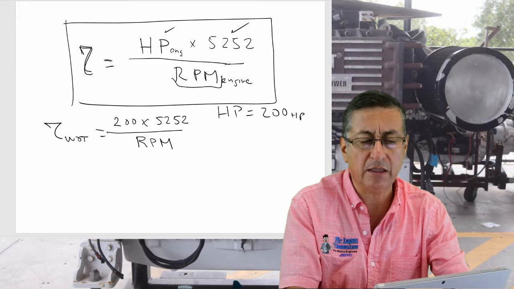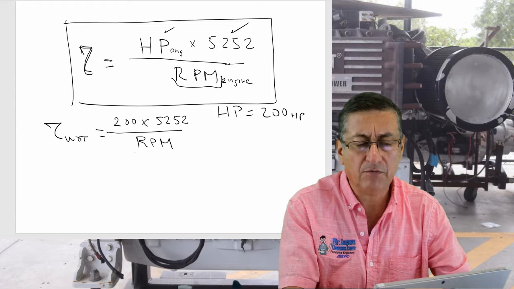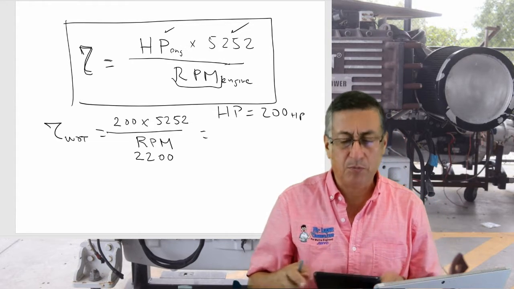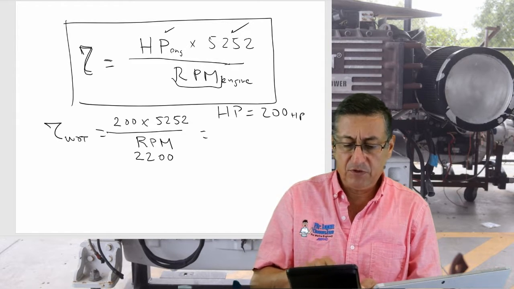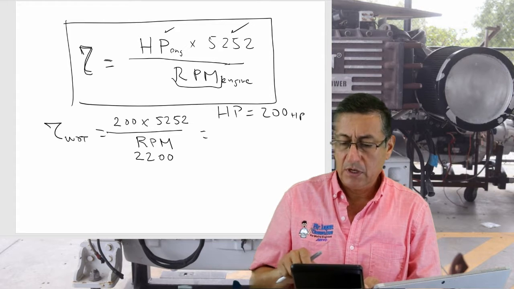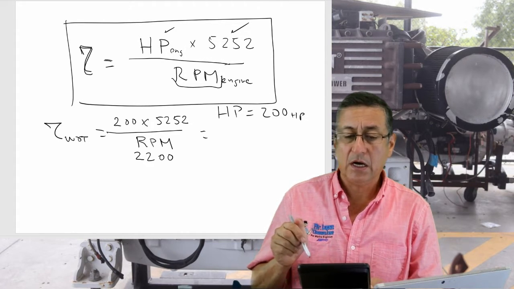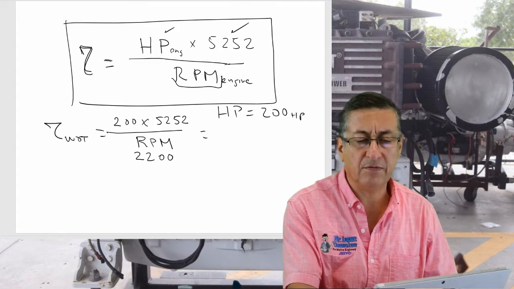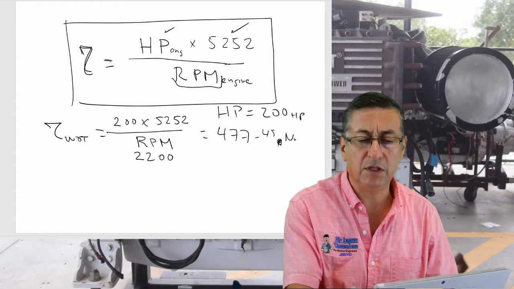How much are the maximum RPMs? The maximum RPMs are, for example, 2200. How much is the torque at that point? It is 200 times 5252 divided by 2200. This is 477.45 Newton meters.